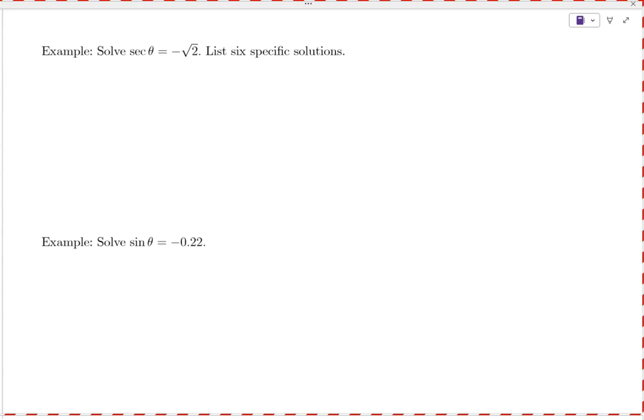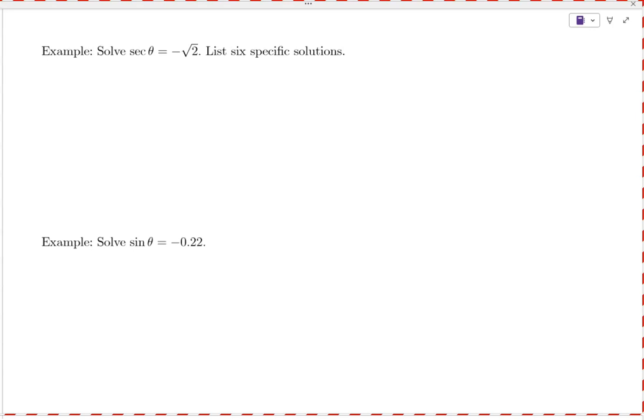Well, sometimes it's a little harder to think, at least in my mind, it's a little harder to figure out where the secant is equal to something. My brain likes to do sines and cosines and sometimes tangents. So one of the things that you might do when you're trying to find these fundamental solutions is rewrite the equation so that you're in terms of sines and cosines, or maybe you have to do a tangent.